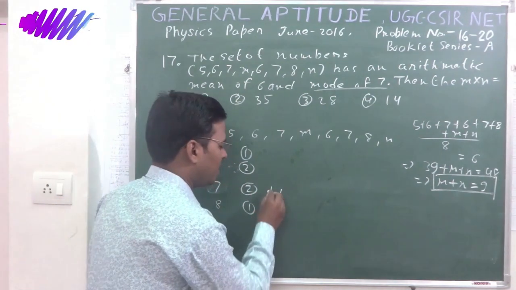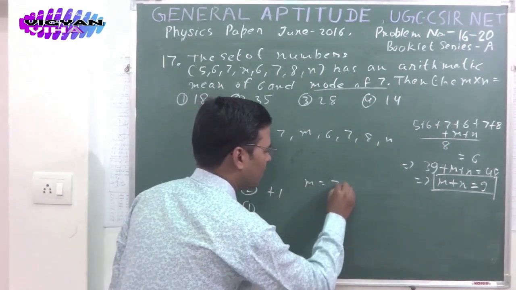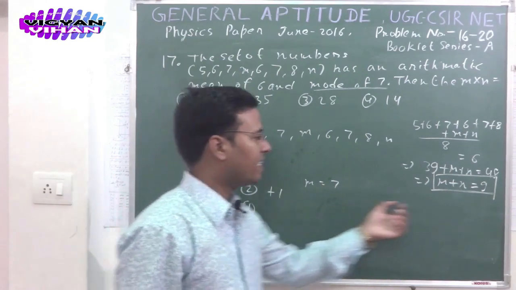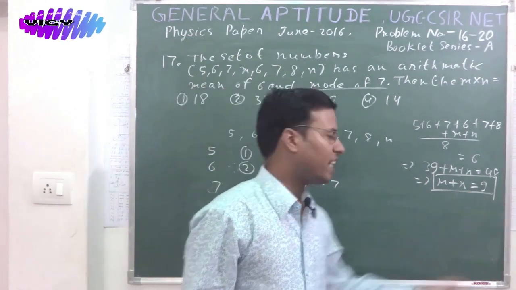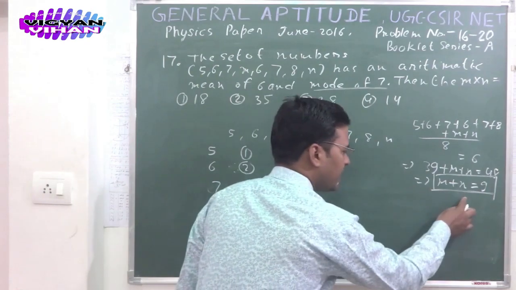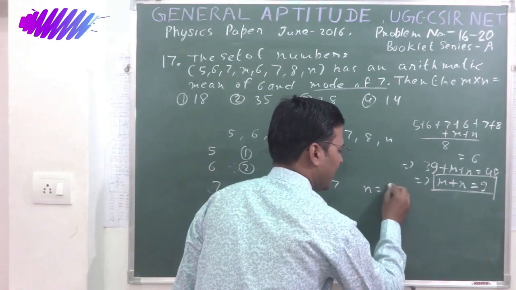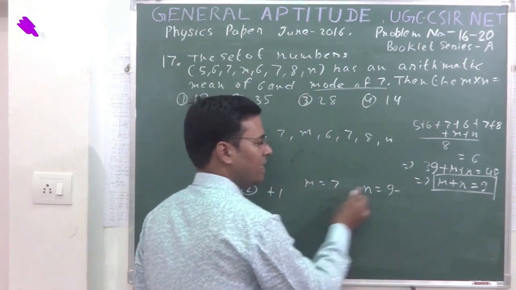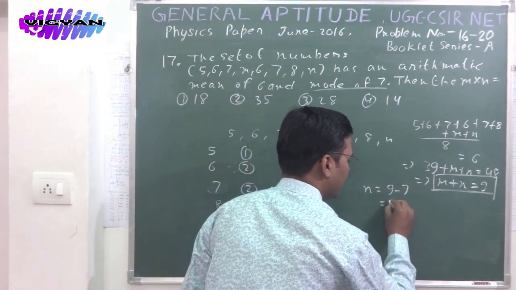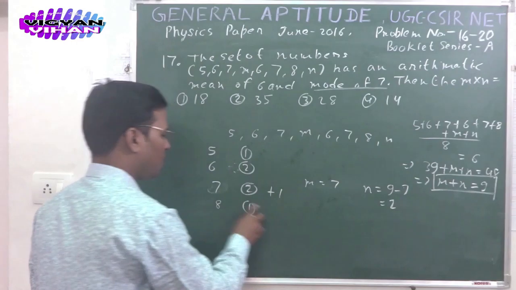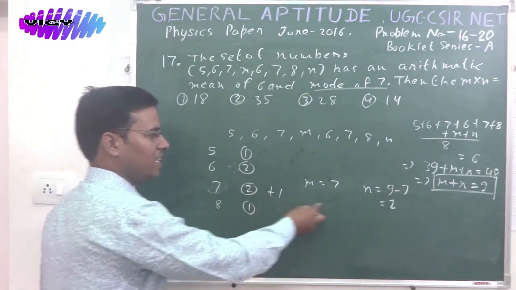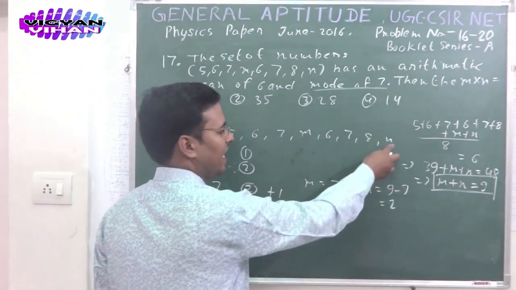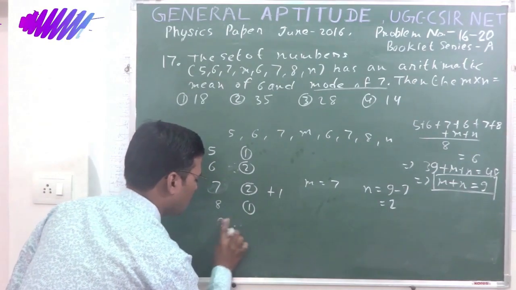In that condition, 7 must come 1 time more. So plus 1, let m be equal to 7, and given m plus n is 9. So using this equation we can calculate that n would be equal to 9 minus the m value, 7, put here and you will get 2. So 7 is 3 times here. The other quantity, the n, is now 2.